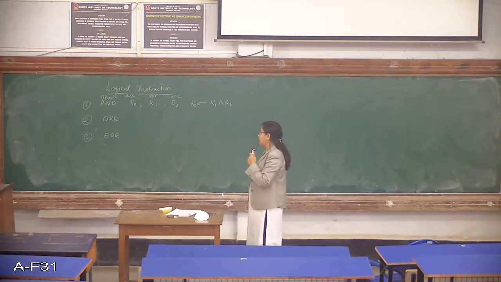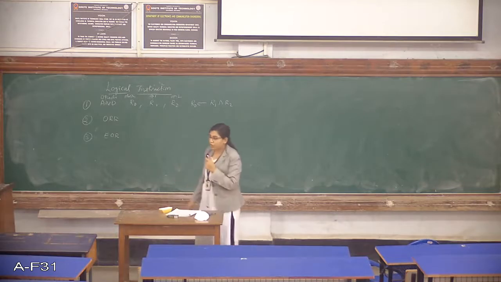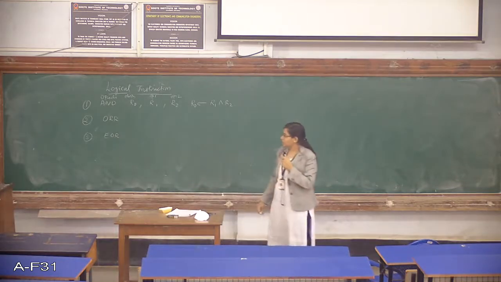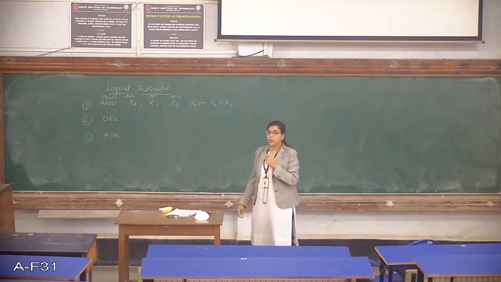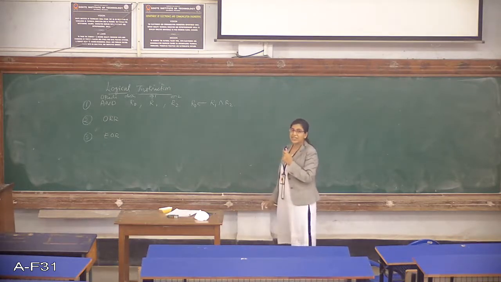Now the thing here is, when do you use this AND instruction? In programming, the AND operation is normally used when you want to make a particular bit 0.